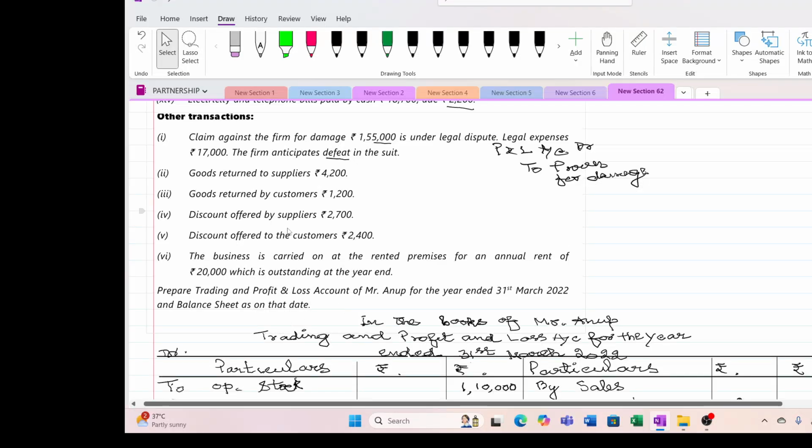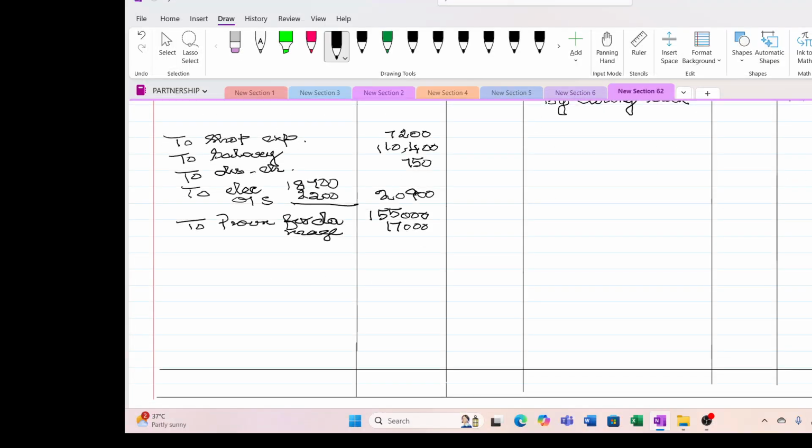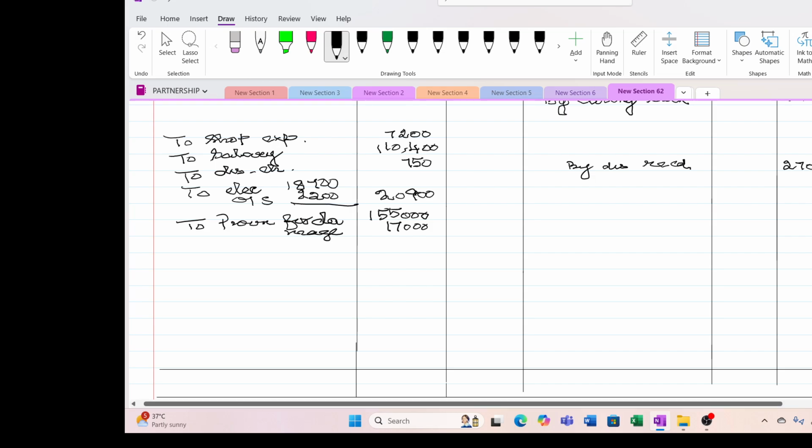Now, next is discount allowed and discount received. Discount received 2,700 will come in your P&L account, by discount received. It is an income, so it will appear on the credit side of your P&L account.